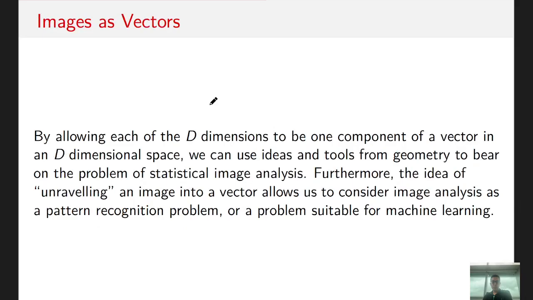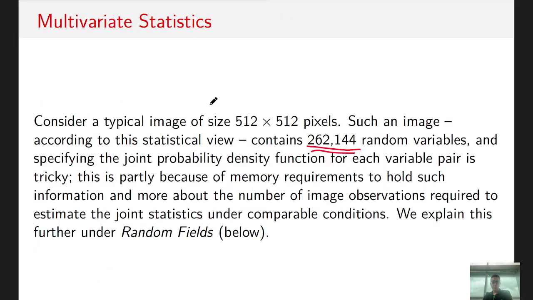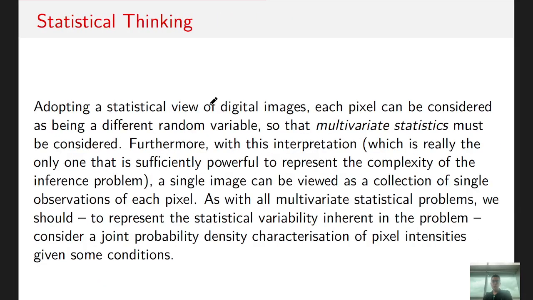But one thing I want to point to is that I talk here in this slide, when I talked about statistical thinking, about a phrase at the end of this, which is thinking about a joint density characterization.